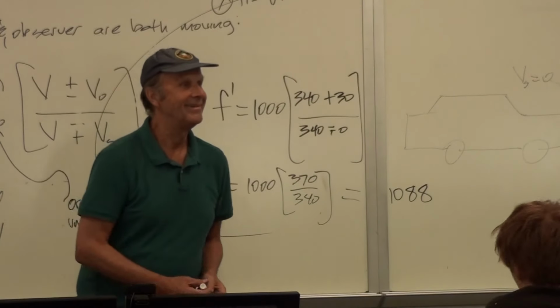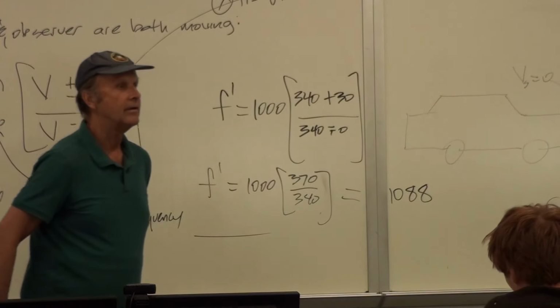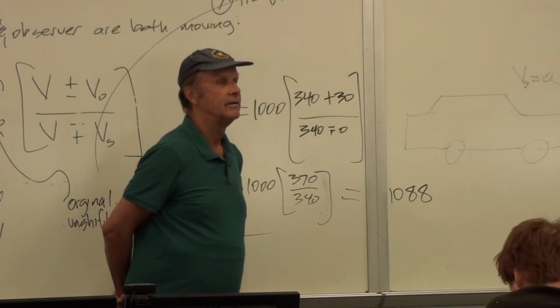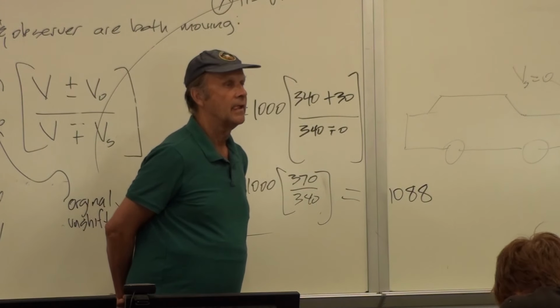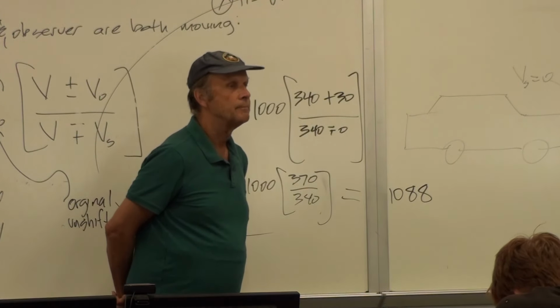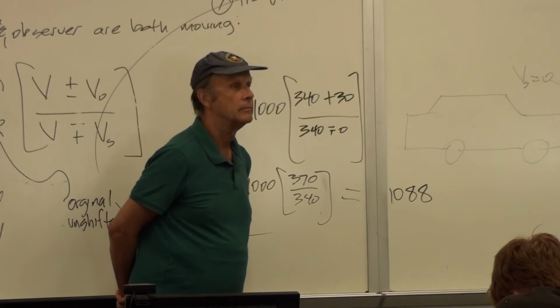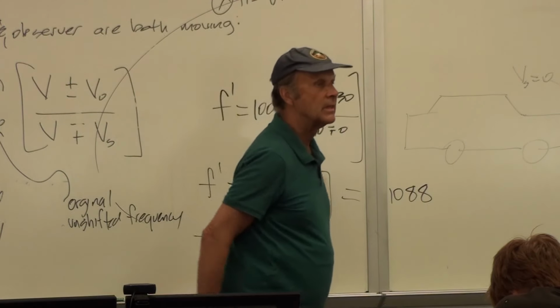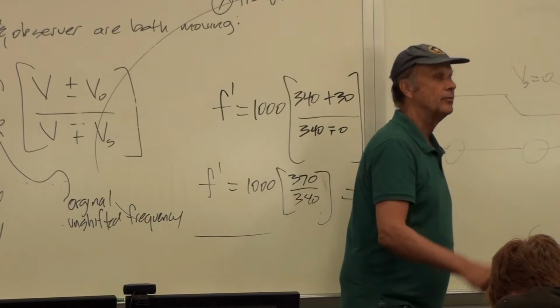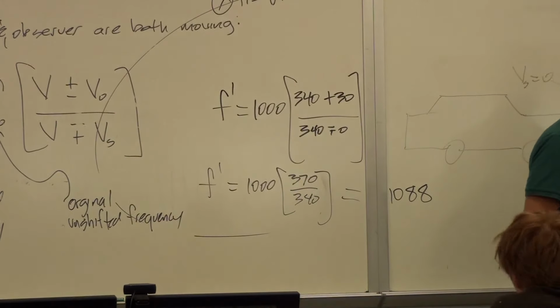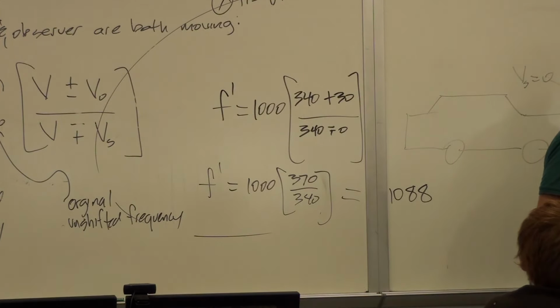Yeah? The velocities are relative to each other, the velocities aren't changing, but when you have the source moving, the place where the sound is coming from is moving, which is why it's different. Okay, so what's that changing then? It's changing the velocity of sound, right?